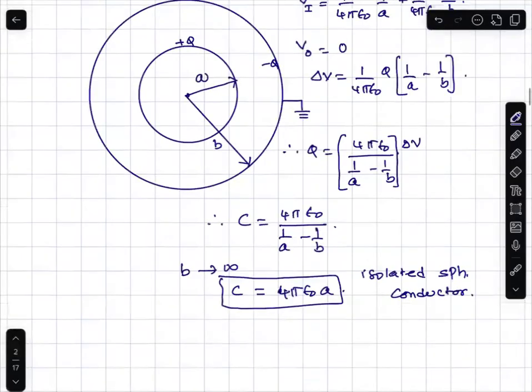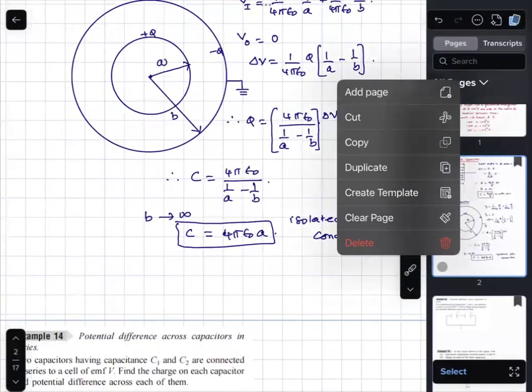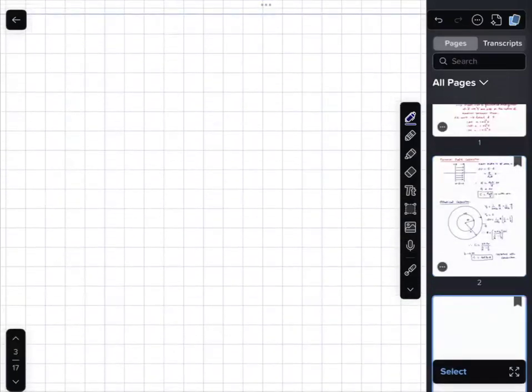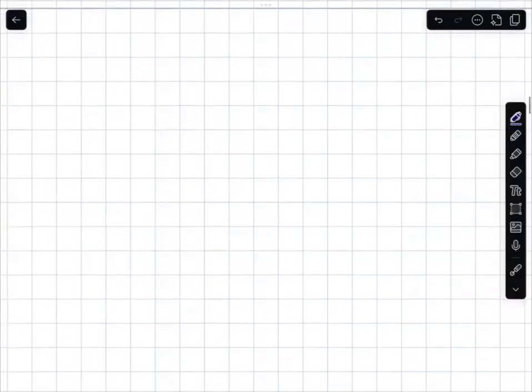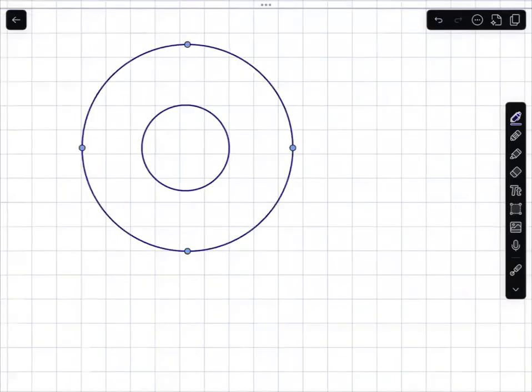Now, what if you take another combination like this? This is a spherical conductor, and of course, this is another spherical conductor.